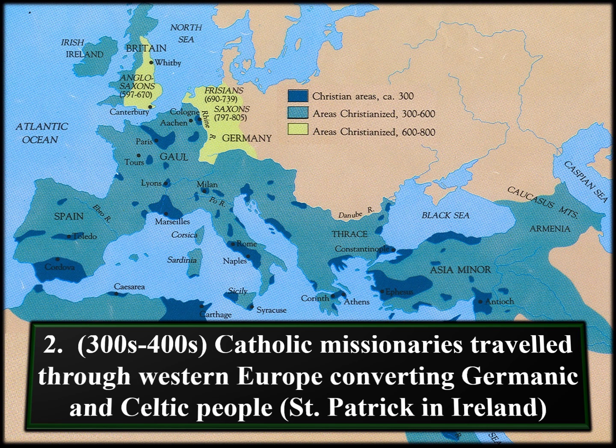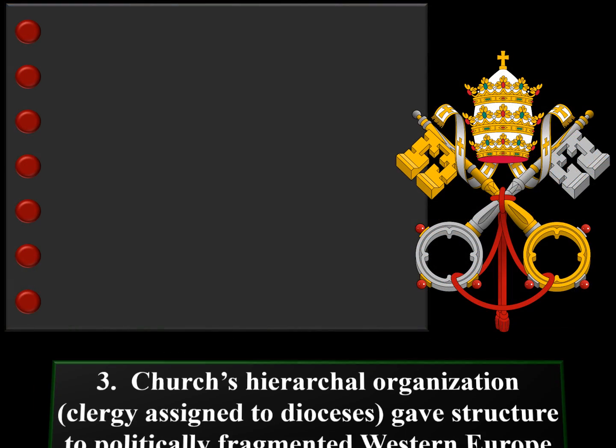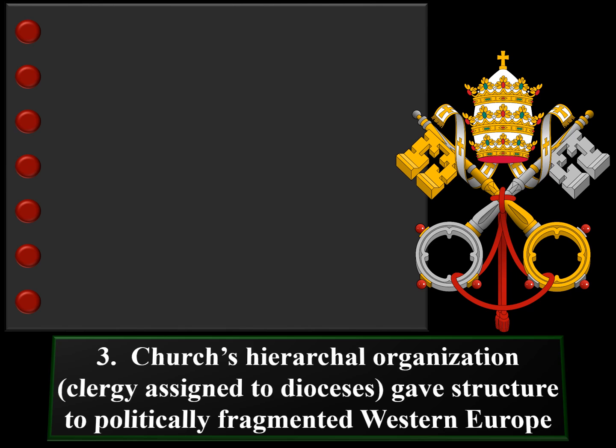St. Patrick in Ireland is an example of one of those Catholic missionaries that will move into Ireland to convert the Anglo Saxons that had settled in that region and the Celts that had settled in that region. The church's hierarchical organization, where the clergy were assigned to dioceses, gave structure to the politically fragmented Western Europe.